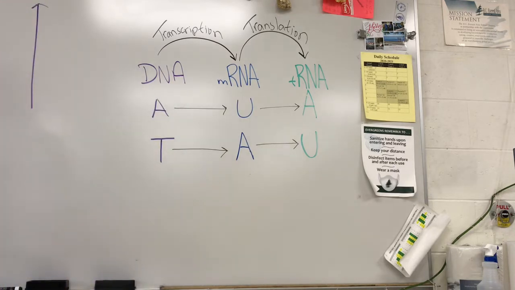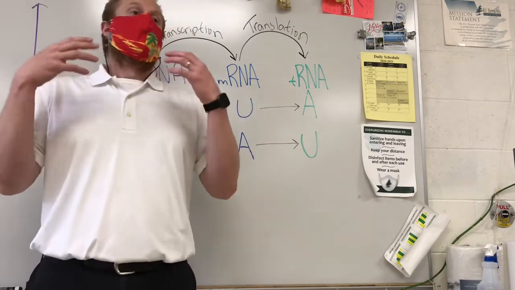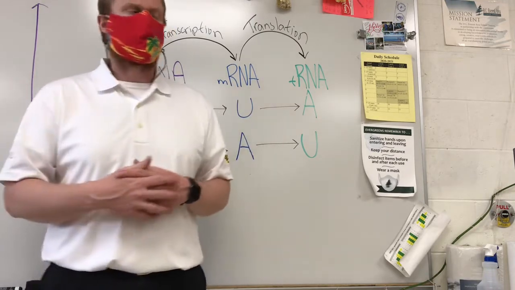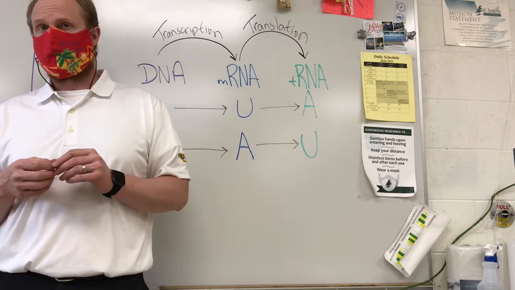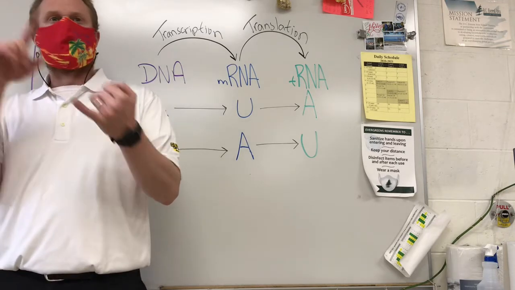Now, DNA codes for a message. That message eventually assembles amino acids, and based upon the order in which those amino acids are assembled, they make certain proteins. We're all about making proteins. Proteins are what express traits. So in your Section 3 guided notes, there was an analogy about a cookie recipe, and I'll reference that again because I think it's a good one. Okay, you're at the library.